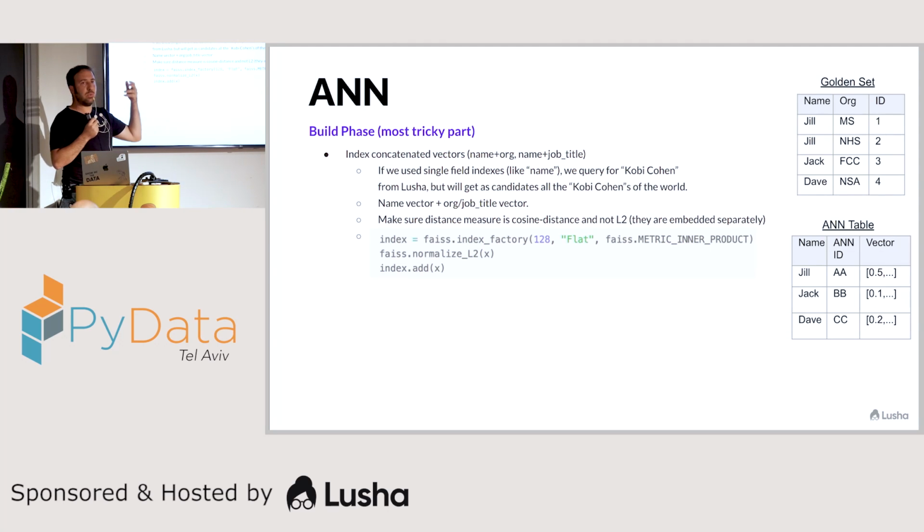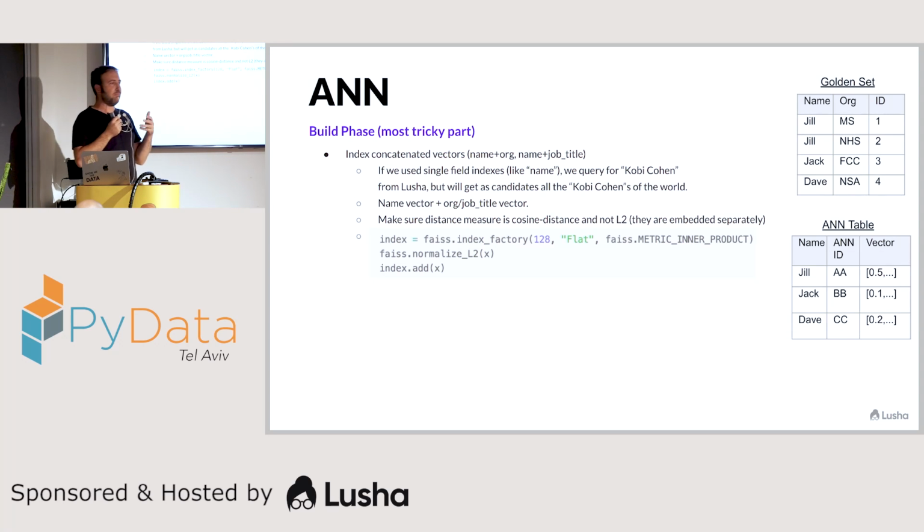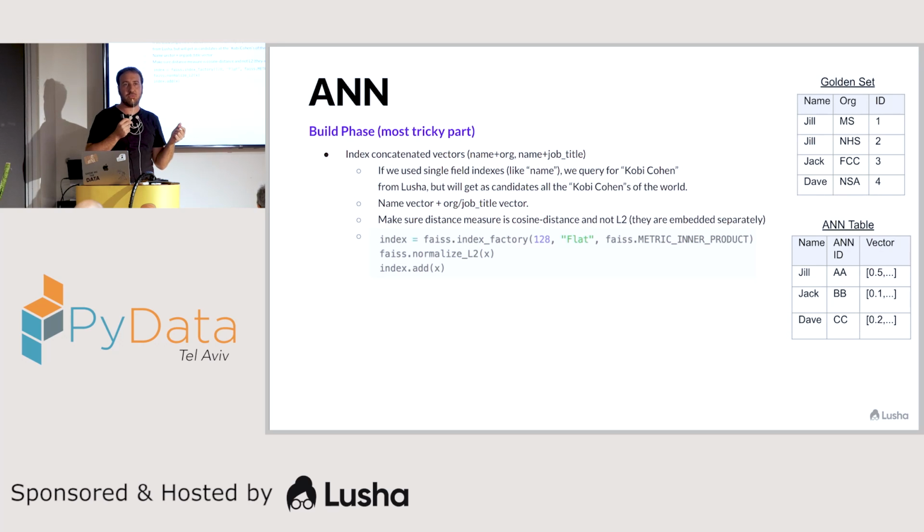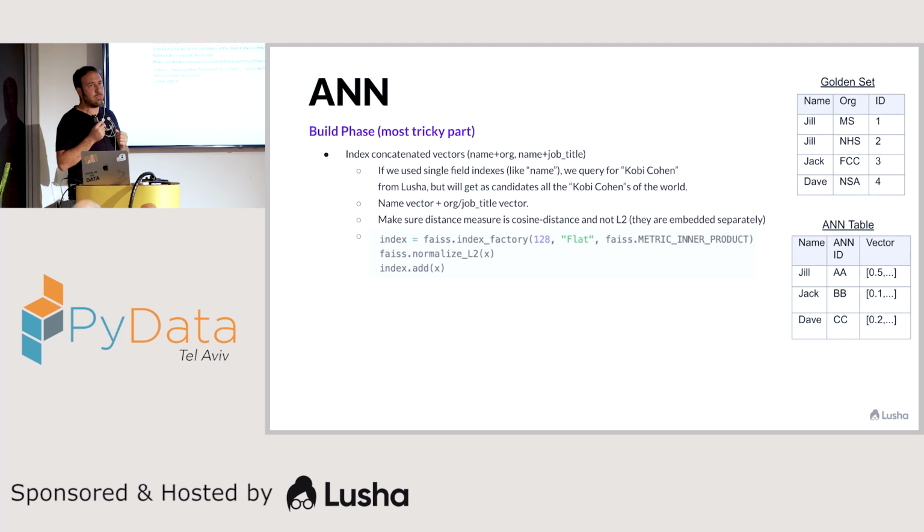And I look at who the neighbors of Kobe Coin are: give me all the original records of Kobe Coin. I will get many. Some of them are not relevant because I'm not looking for Kobe Coin in general. I'm looking for a Kobe Coin in a certain company or with a certain job title, because those are the similar records. So this is what I care about.